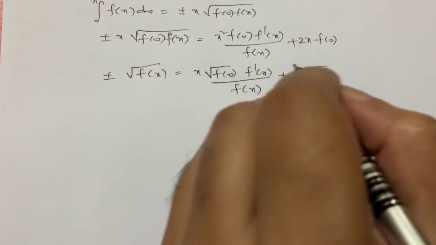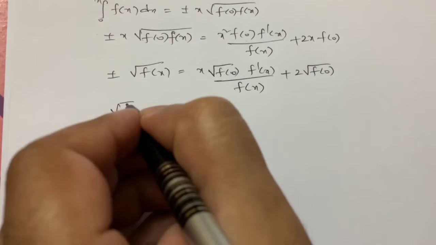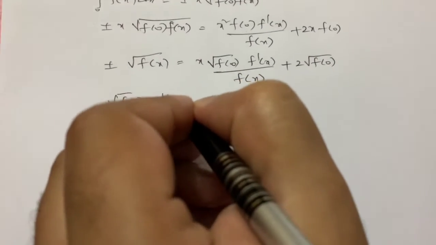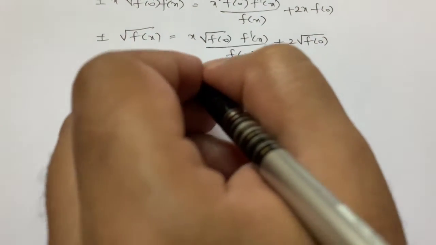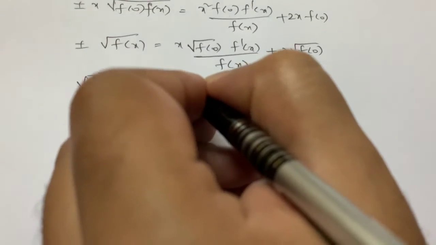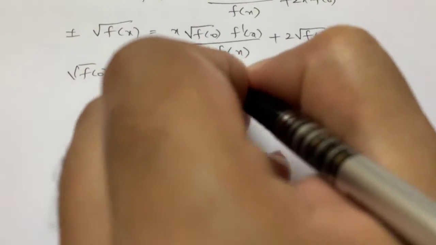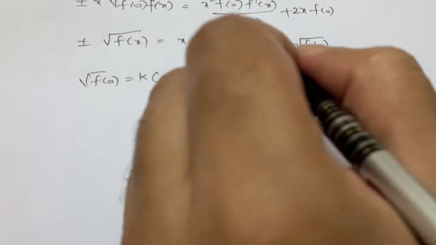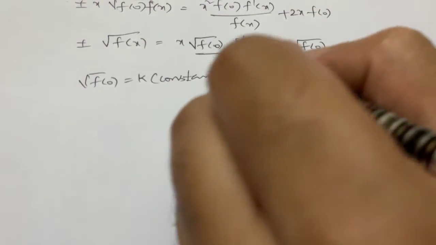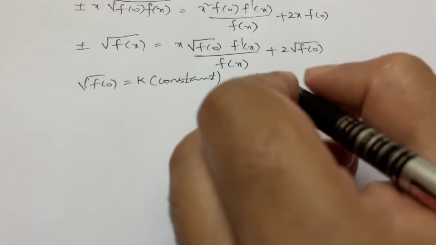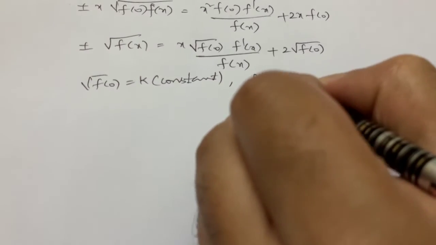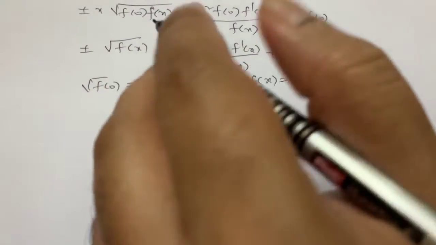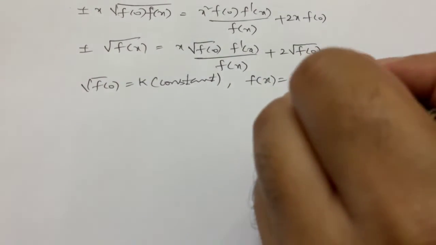So let's say root f(0) we'll call some constant, root f(0) = k. This constant we are assuming only to simplify the calculation. And root f(x) we will consider as t, so f(x) = t².